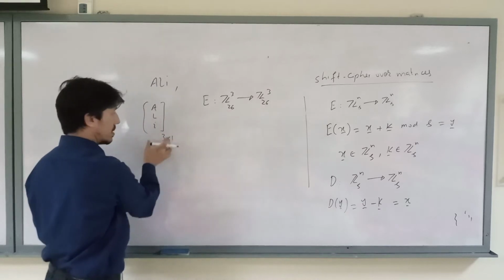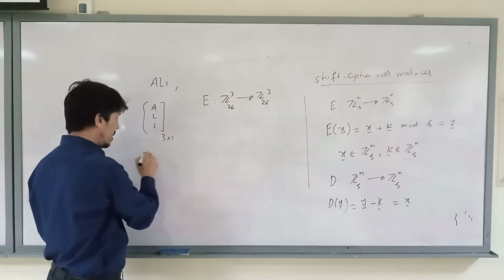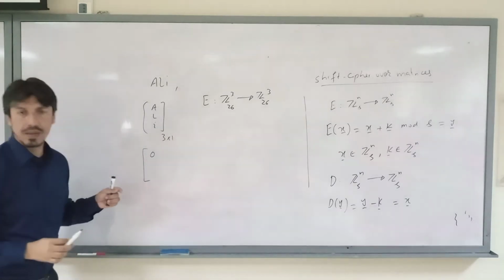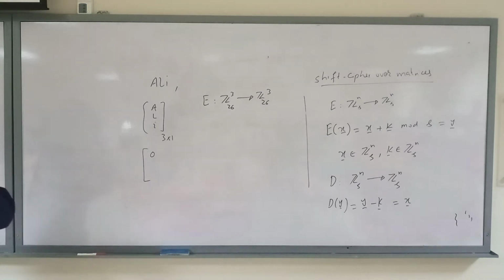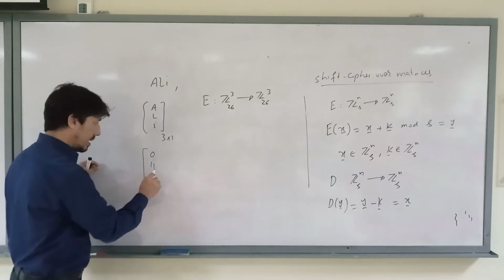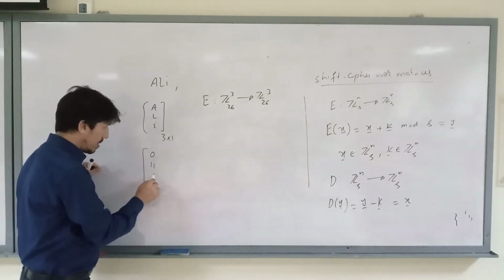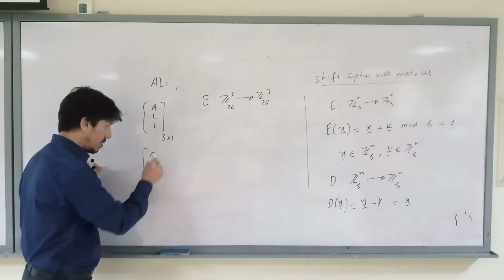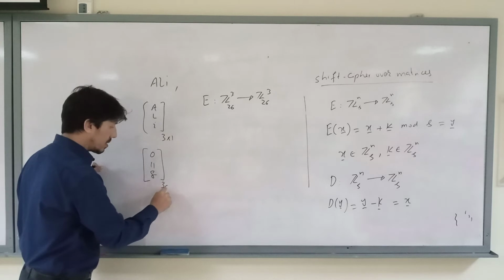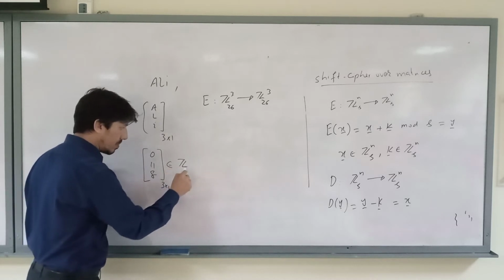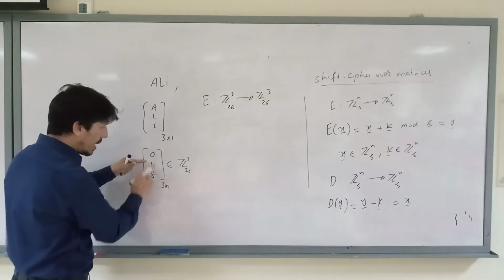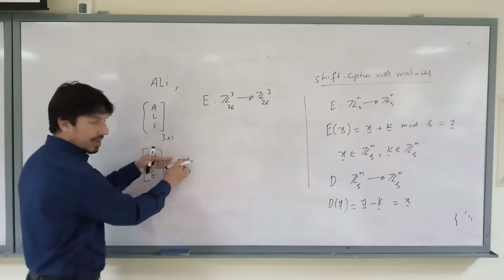So my x is a 3 cross 1 column vector, and its individual entries: A is 0, L is 11, and I is 8. So this is a 3 cross 1 column vector, and it belongs to Z26^3. I mean to say the individual elements are from Z26.